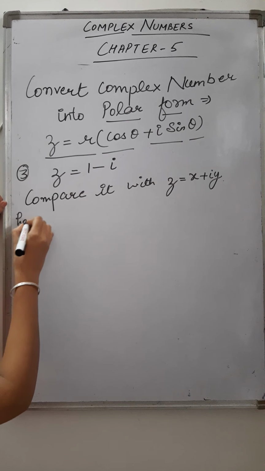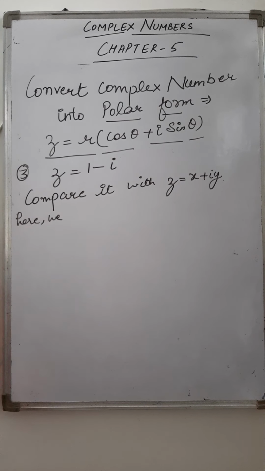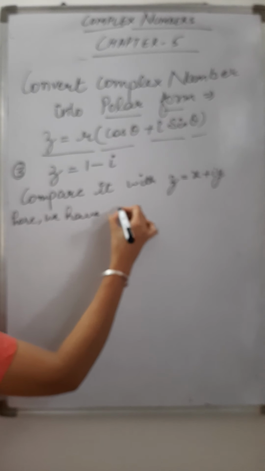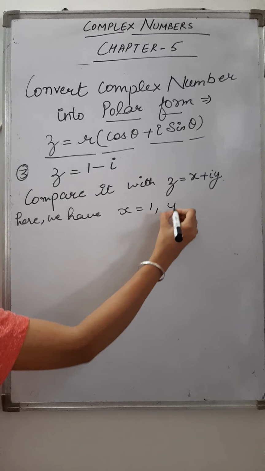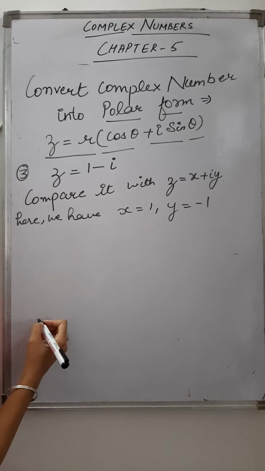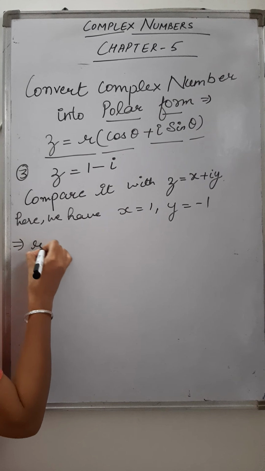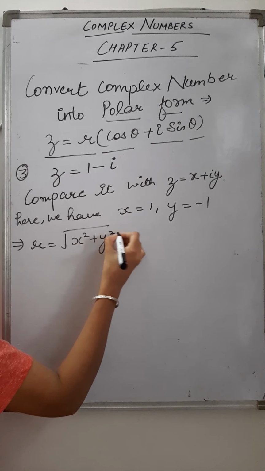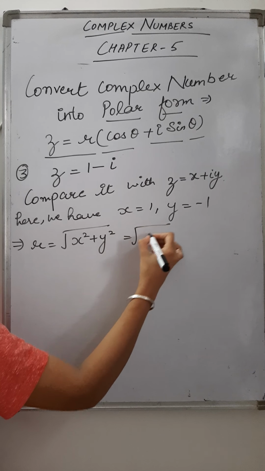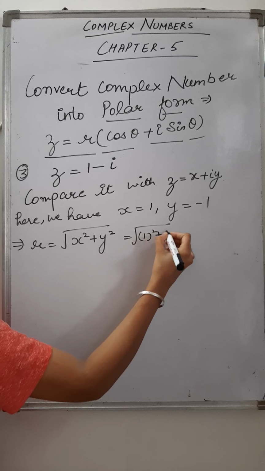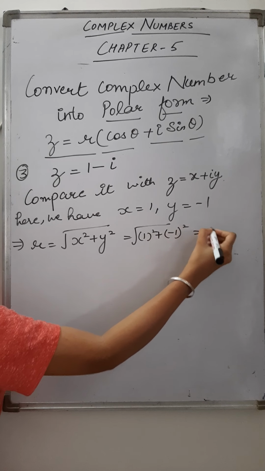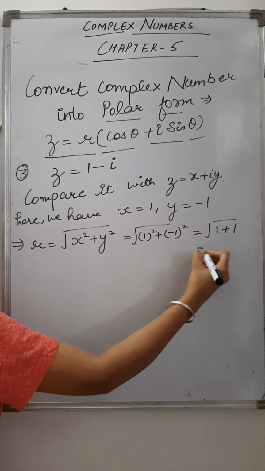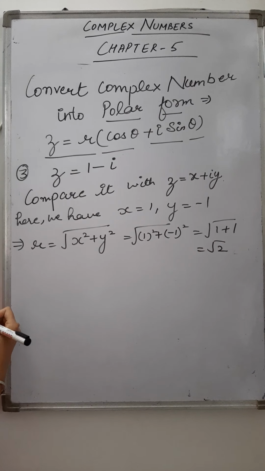So here we have x is equal to 1 and y is equal to minus 1. This implies r is equal to under the root of x square plus y square, which is 1 square plus minus 1 square. 1 square is 1 and minus 1 square is also 1. So this is under root 2.